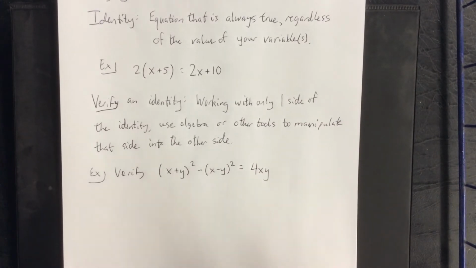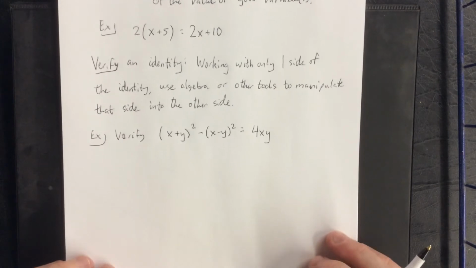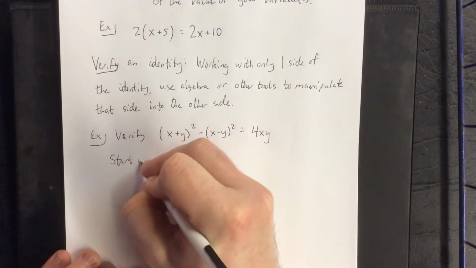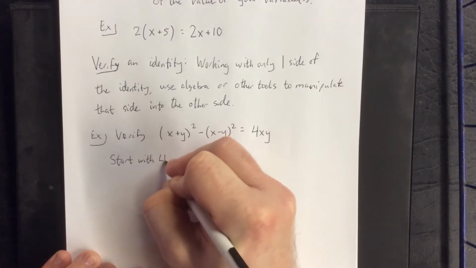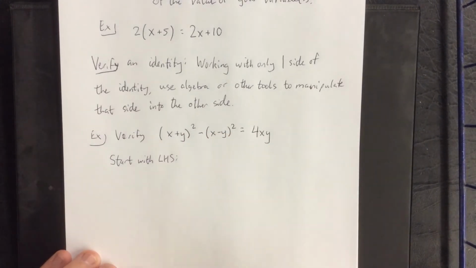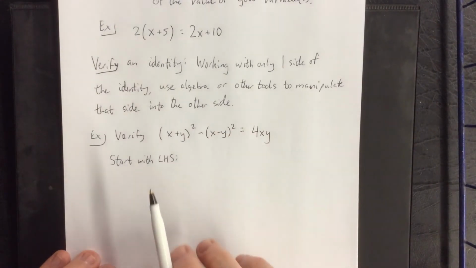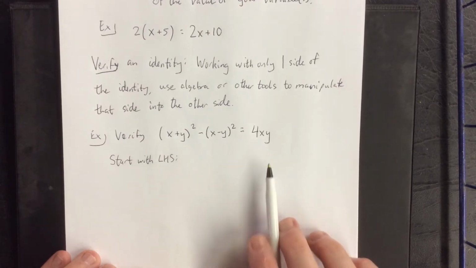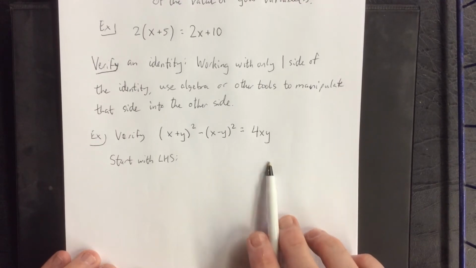Technically, you're allowed to start with either side. I'm going to have us start with the left-hand side, so LHS for left-hand side. As soon as I make this decision, I now know what my final answer is for this verification. My final answer is now the right-hand side. That is what I'm striving to get.